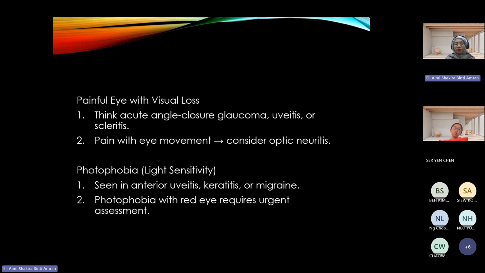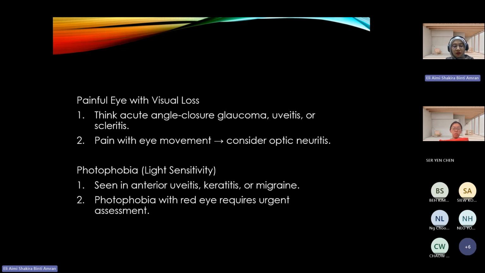Right, so photophobia is usually seen in anterior uveitis, keratitis, or migraine. Migraine very commonly has photophobia or light sensitivity. When you ask the patient, you have to ask whether the photophobia happens during the day or at night.